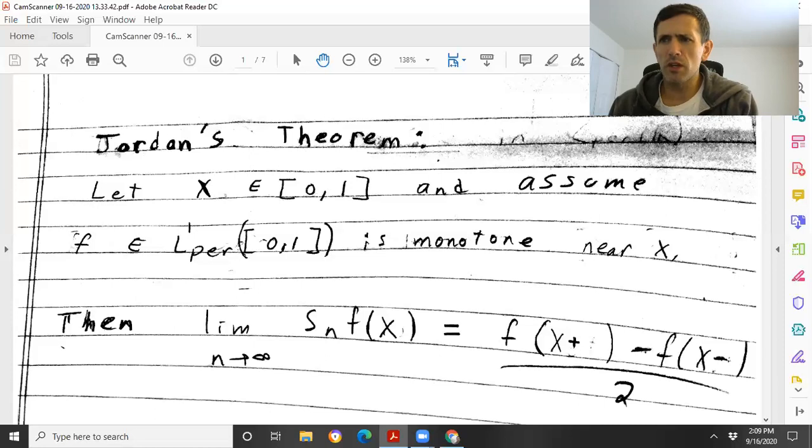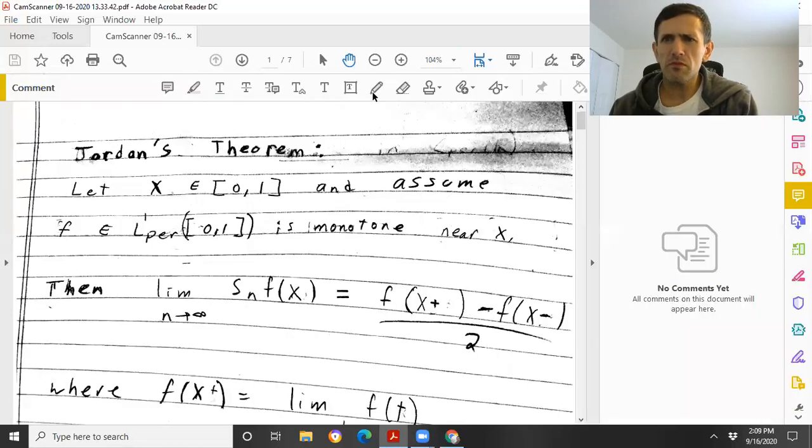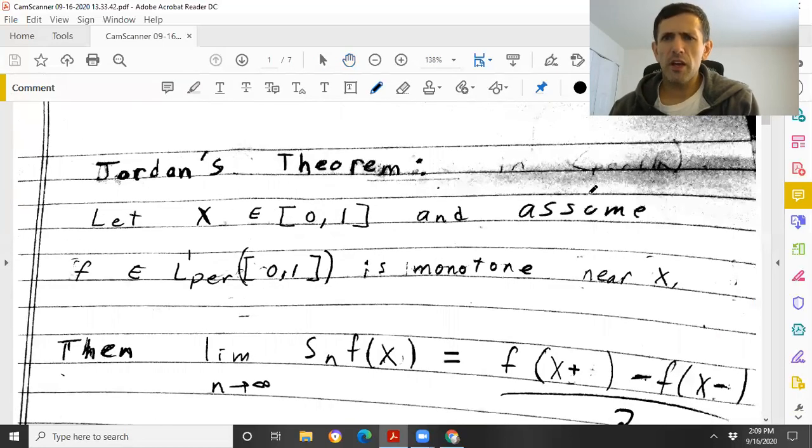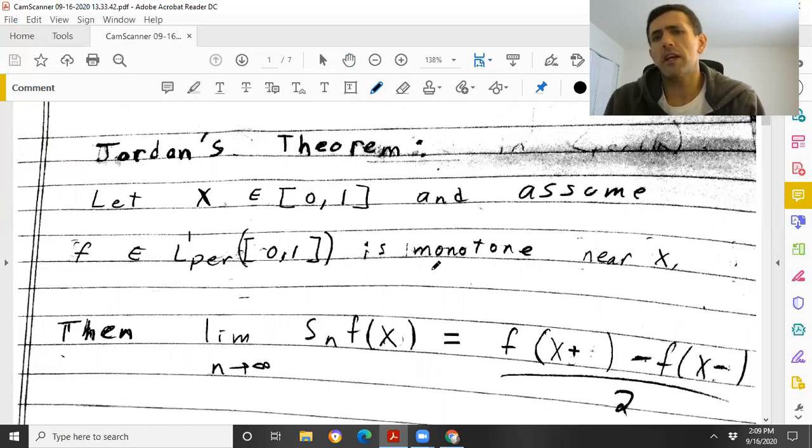All right, so what is Jordan's theorem? Jordan's theorem is, let's say x is between 0 and 1, and let's assume f is L1, one periodic on 0 to 1. And let's say f is monotone near x. So meaning f is pointwise defined in a neighborhood of x, and in this possibly really small neighborhood, it's either increasing or decreasing.